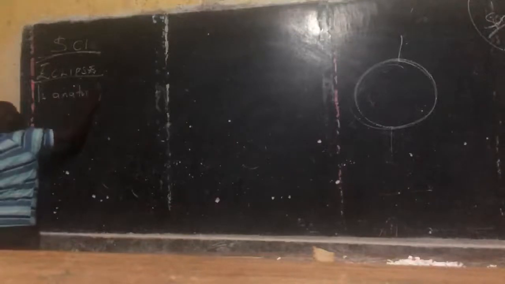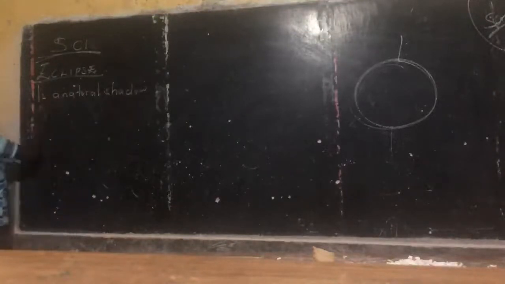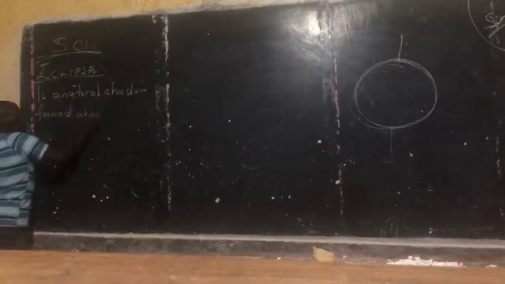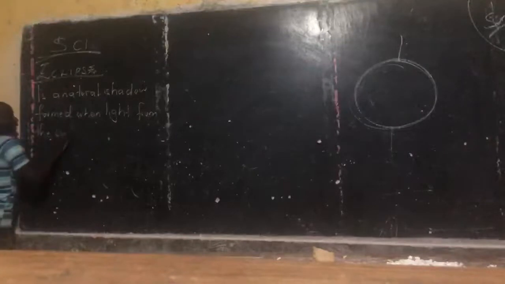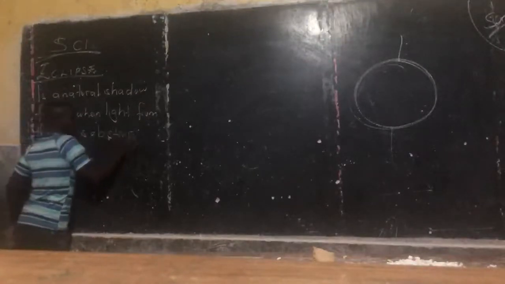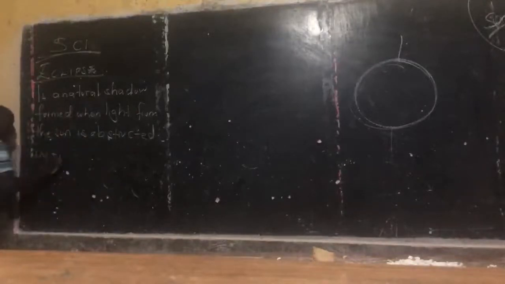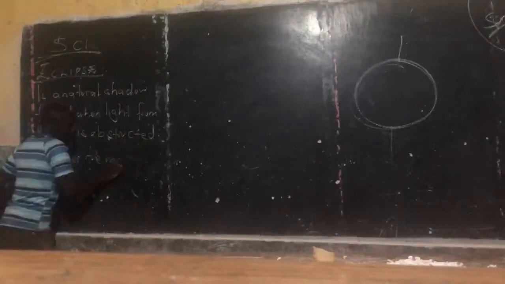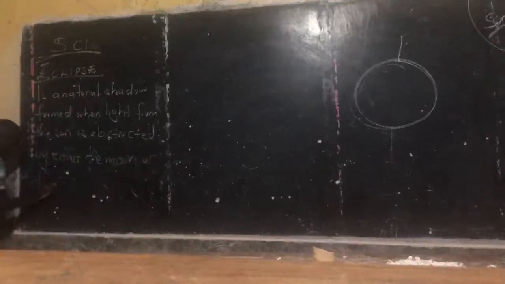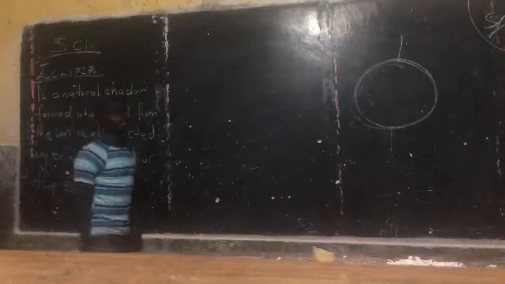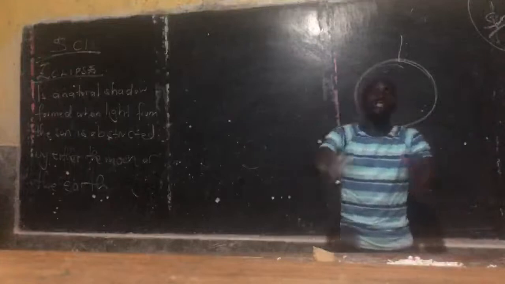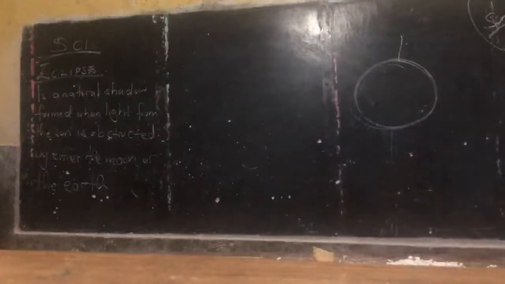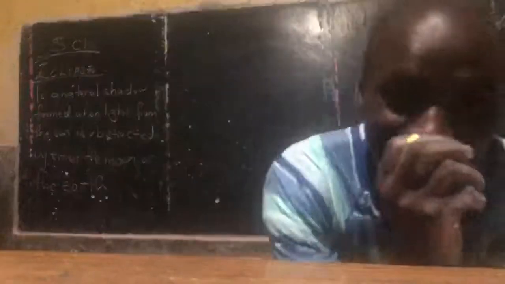So an eclipse is a natural shadow formed when light from the sun is obstructed by either the moon or the earth.